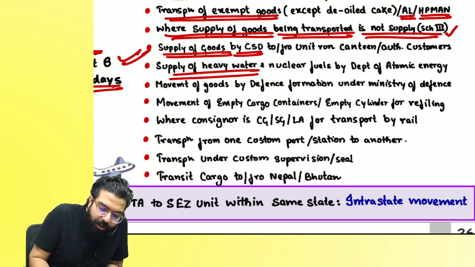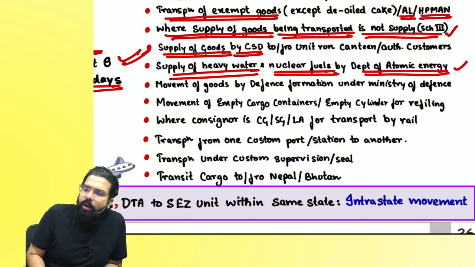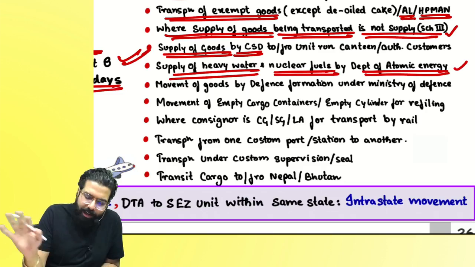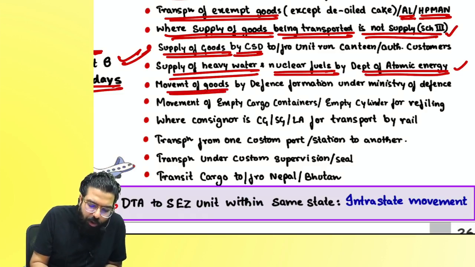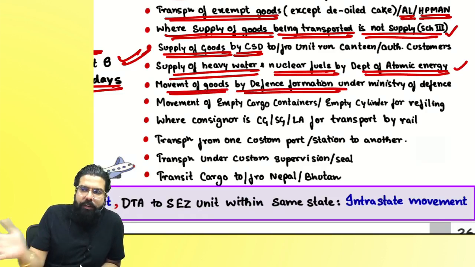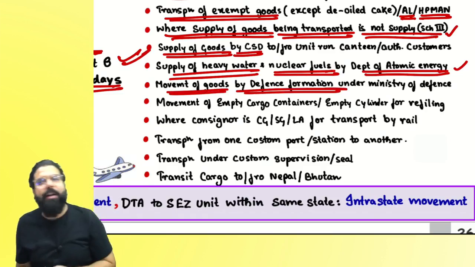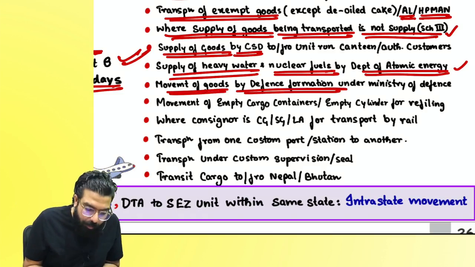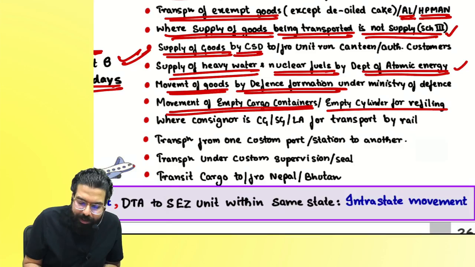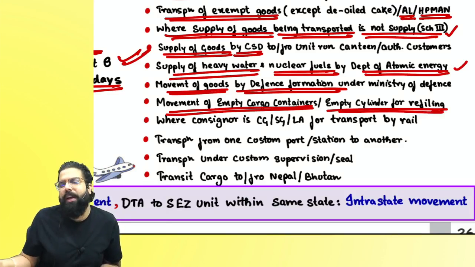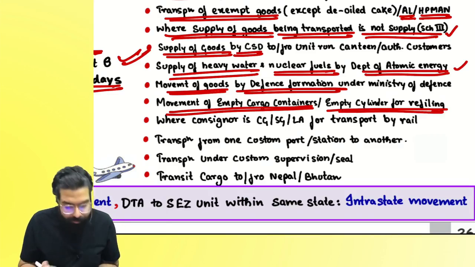Supply of heavy water and nuclear fuel by the Department of Atomic Energy, all these things need not be informed; e-way bill is not required. Movement of goods by a defense formation, like an AK-47 being transported, they will never inform about it. Then movement of empty cargo containers and empty cylinders: when empty, an e-way bill is not required.